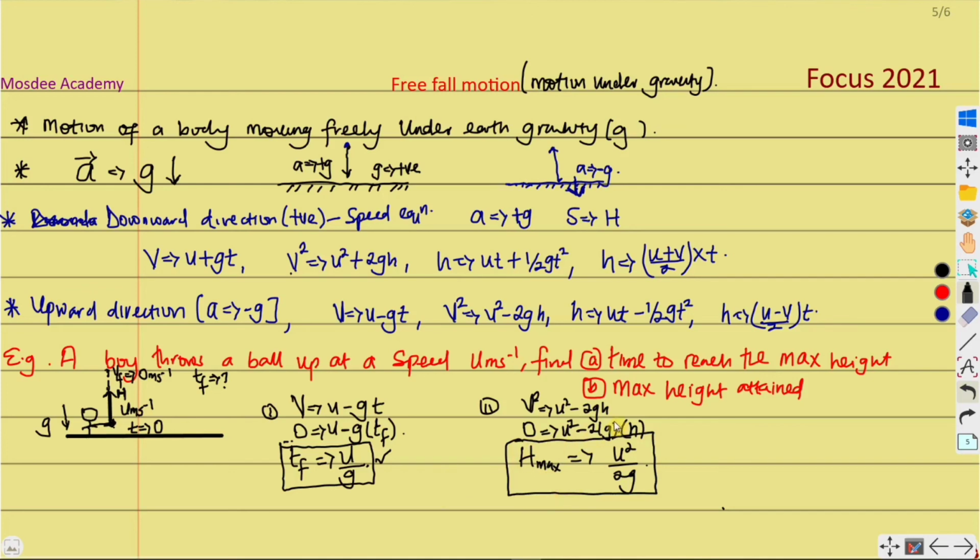And finally, before I call it a day on this one, when the body reaches up, I said it will not stay up, it will also come down. So we can also say the time it takes the body to go up and come down to its initial position, which we call the time of flight, is double the time it takes to reach the maximum height.